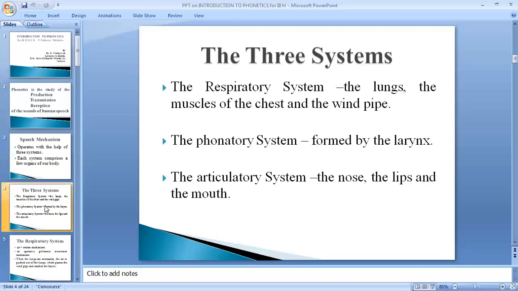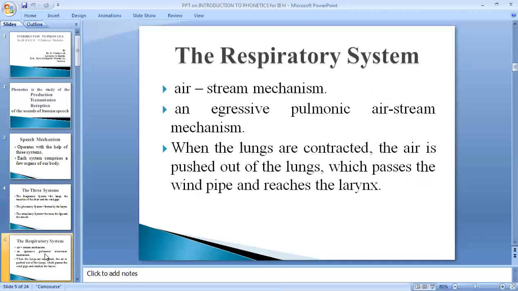Let us know what the respiratory system is. For the production of speech, we need an air stream mechanism. One of the three types of air stream mechanism is pulmonic. Most languages, including English, use an egressive pulmonic air stream mechanism.